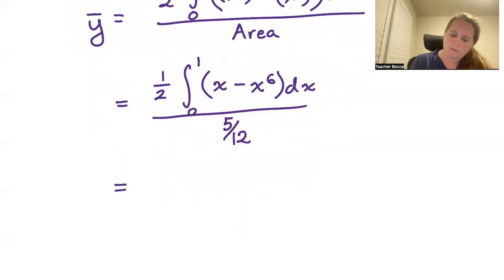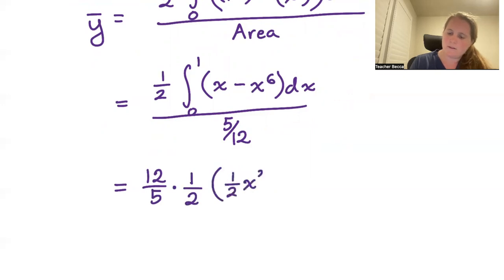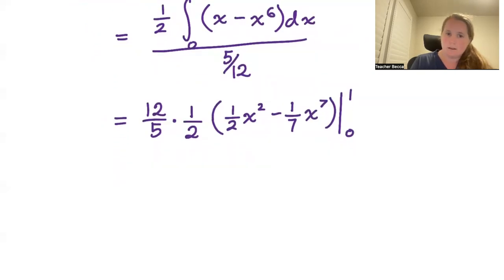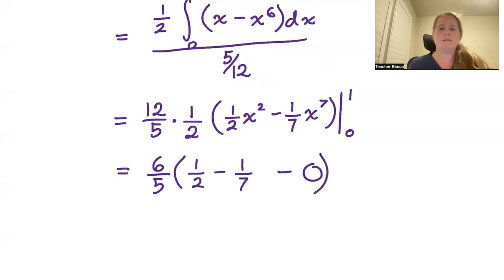This becomes 12/5 times 1/2 times x goes to 1/2 x squared minus x to the 6th goes to minus 1/7 x to the 7th, and we are evaluating from 0 to 1. This, of course, becomes 6/5 times 1/2 minus 1/7, and then minus 0 when we plug in 0.